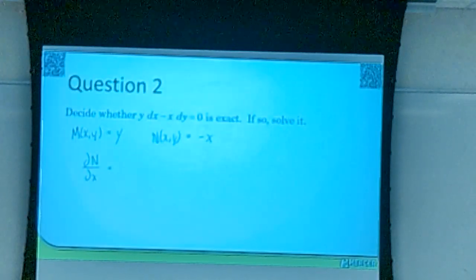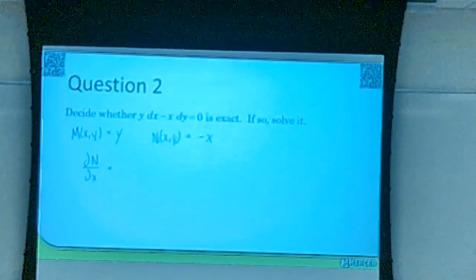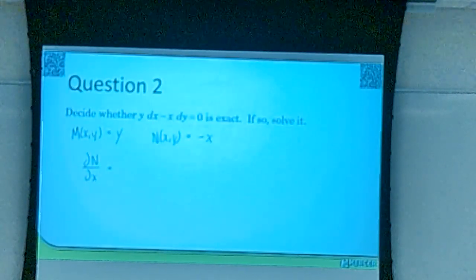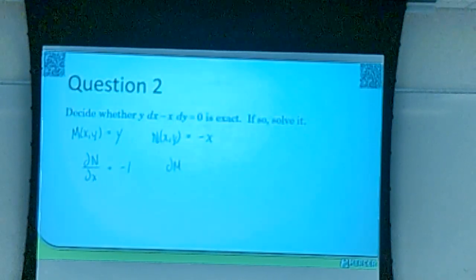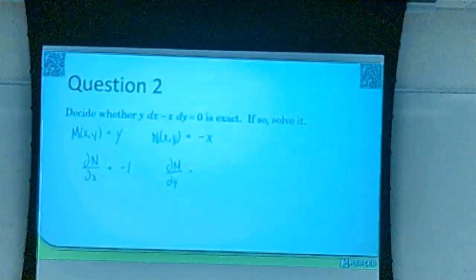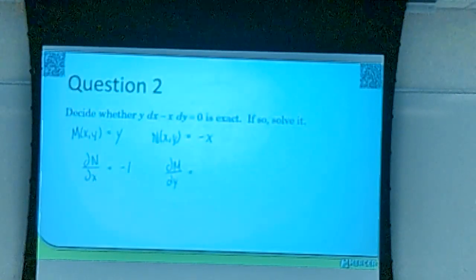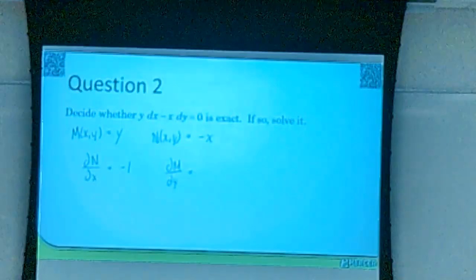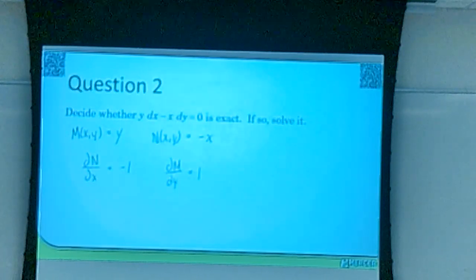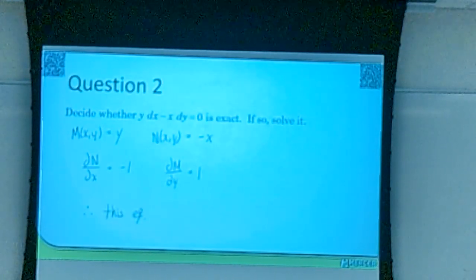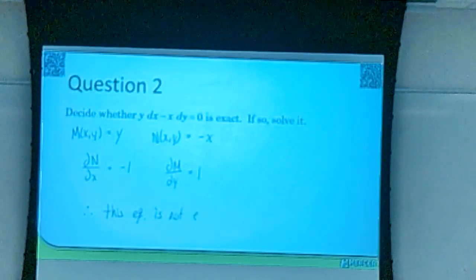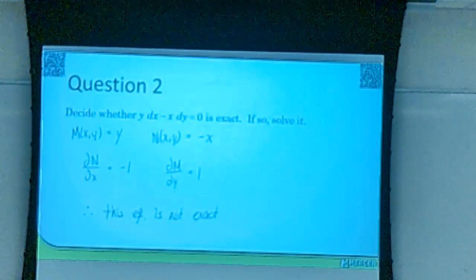What is the partial of N with respect to x? Partial of N with respect to y. What is it? Are they the same? This is not exact. And for now, that's where we're going to stop.